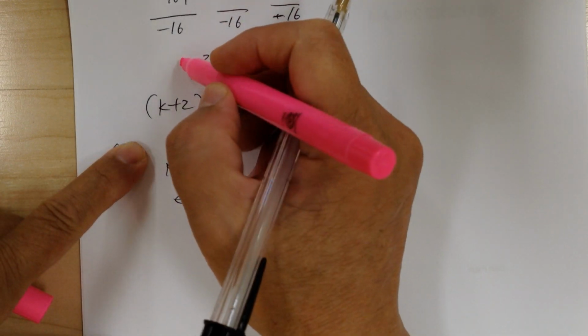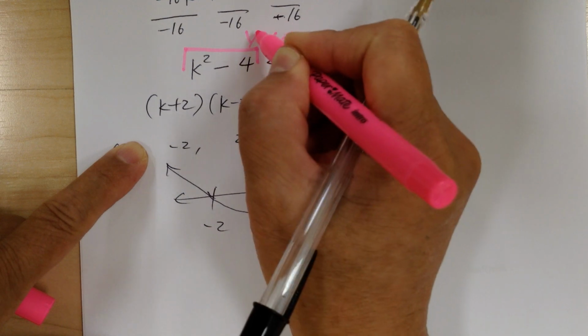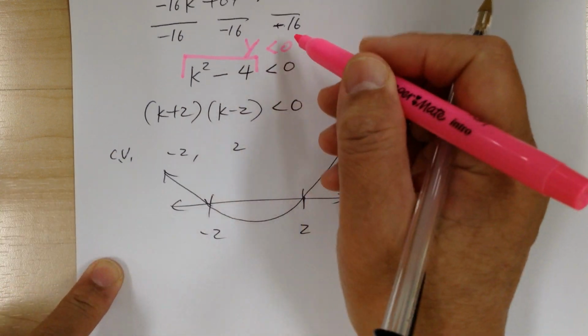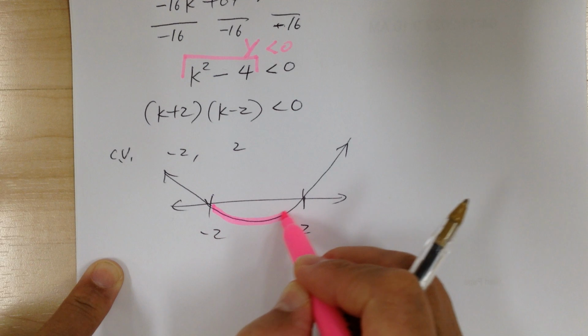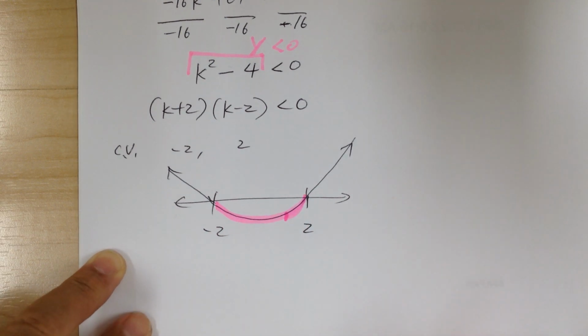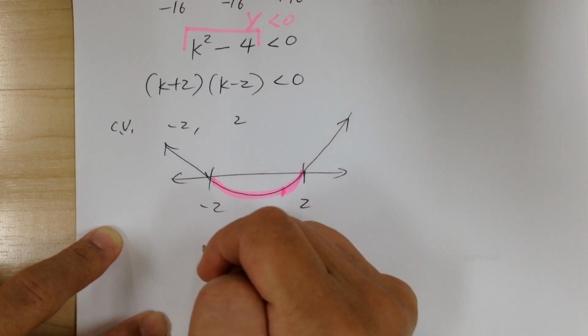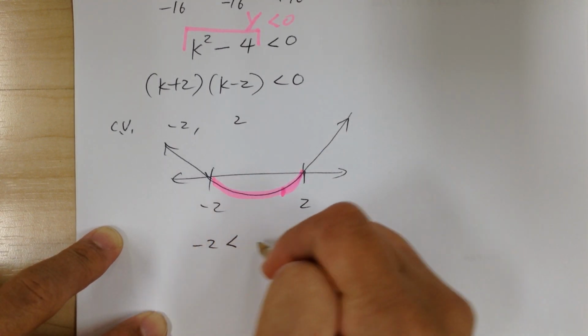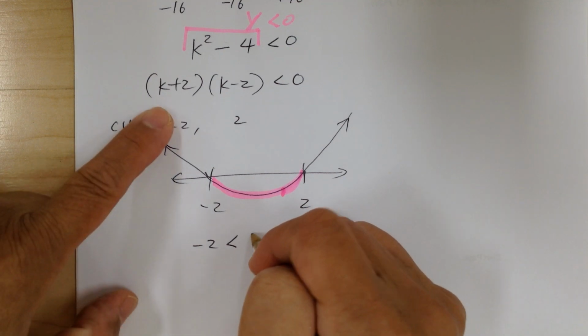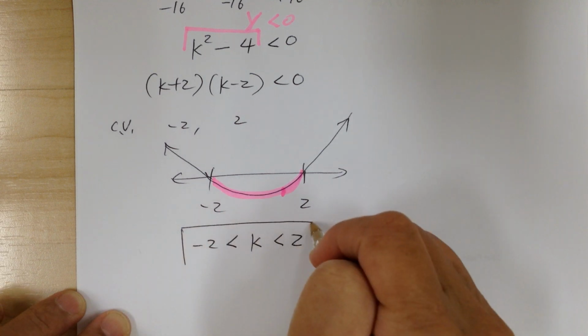So you got y less than 0. So the part you're looking for is this part right over here, because this part is less than 0. So now switching back to k, you're going to get negative 2 is less than k less than 2.